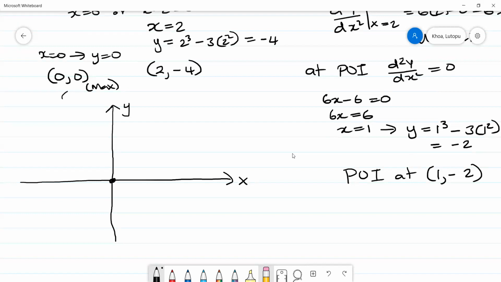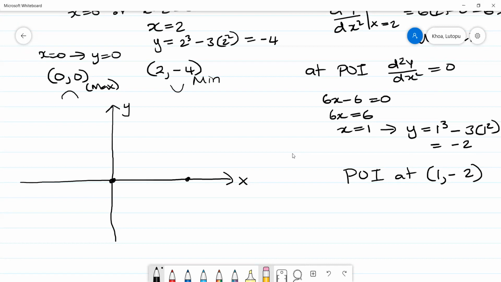So at a maximum, you have something like this. This one here is a minimum. So at a minimum, your curve will look something like that. At a point of inflection, the graph is going to change what we call the concavity. It's either facing down, then changes to facing up, or the other way around. Then our intercept is (3, 0).